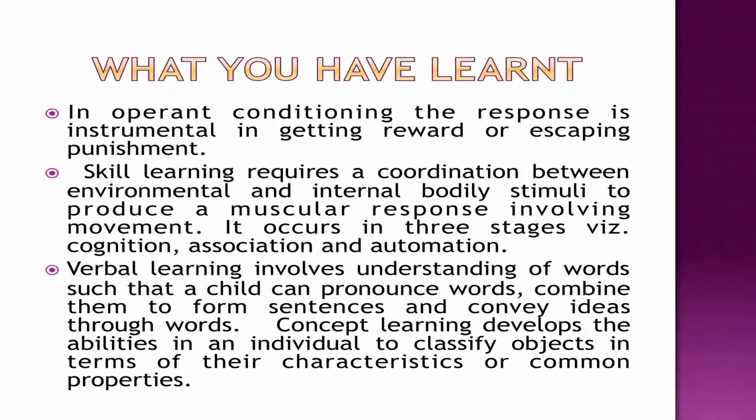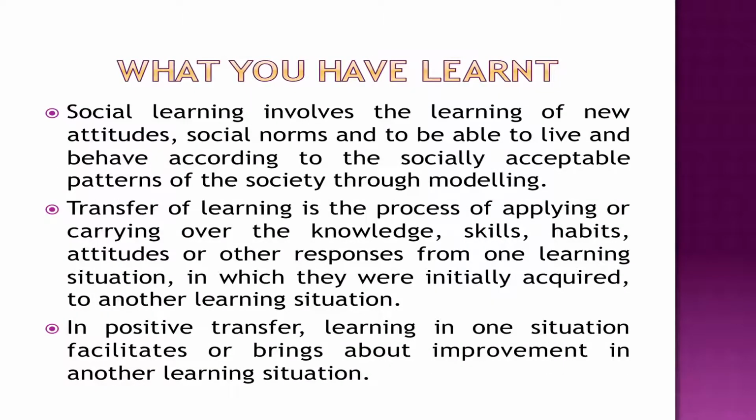Concept learning develops the abilities in an individual to classify objects in terms of their characteristics or common properties. Social learning involves the learning of new attitudes, social norms and to be able to live and behave according to the socially acceptable patterns of society through modeling.